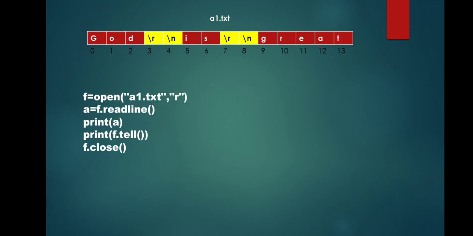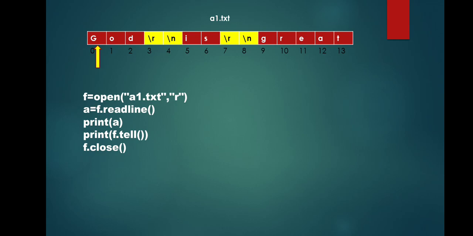Now let's see the example again. I have taken the same file. Now I am opening this file in the read mode. When I open the file in the read mode, the cursor is positioned at the 0th byte. Now I have written f dot readline. As you all know, when we use the readline function, it reads one complete line including the newline character.